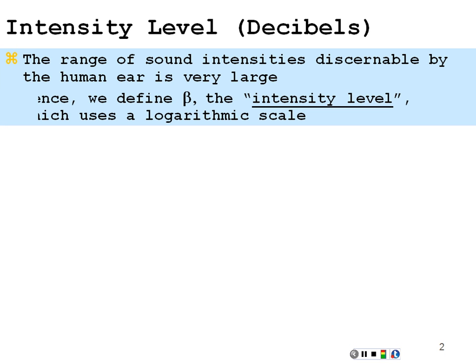The range of sound intensities discernible by the human ear is very large, so we define here beta as the intensity level, which uses a logarithmic scale. And by definition, beta is equal to 10 log I over I naught. The intensity I naught is some reference intensity that we use for all of our measurements.